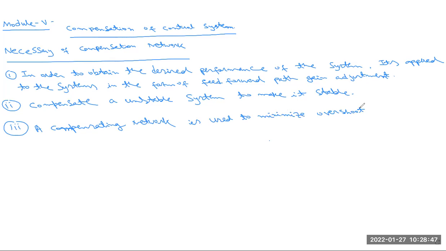We have discussed in module 2 that there are lots of errors, the steady state error and the transient response error. When you use this compensating network in a control system, it basically minimizes the overshoot error. This is very important.